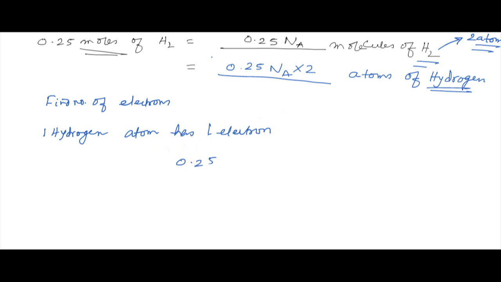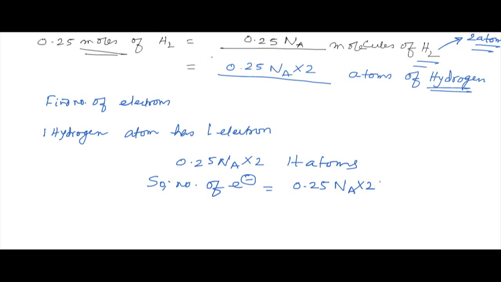There is 0.25 Na into 2 H atoms. So number of electrons? 0.25 Na into 2 into 1, because there is 1 electron per hydrogen atom. So clear?